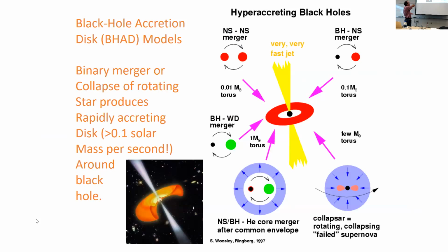So neutron star mergers, black hole neutron star mergers, black hole white dwarf mergers. The classic collapsar model is just a fast rotating star that collapses and makes a black hole with an accretion disk. And then there's the helium merger model that we had proposed. So these were the set of classes of models that we were studying.